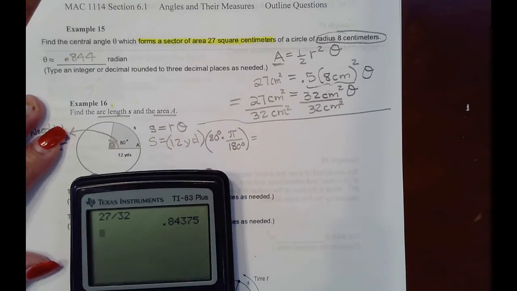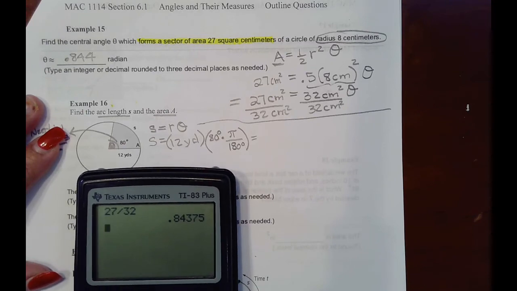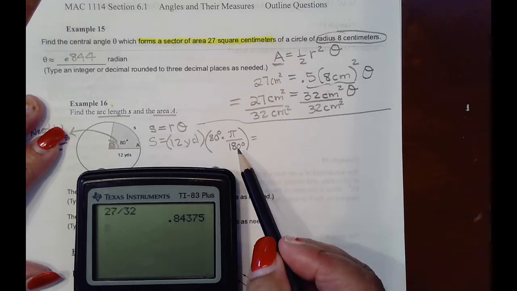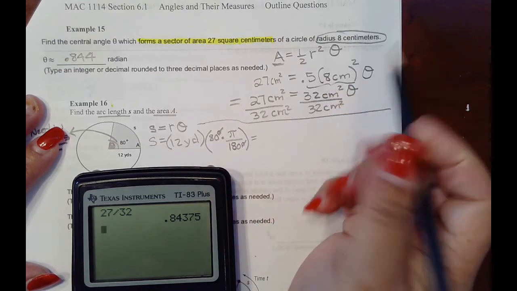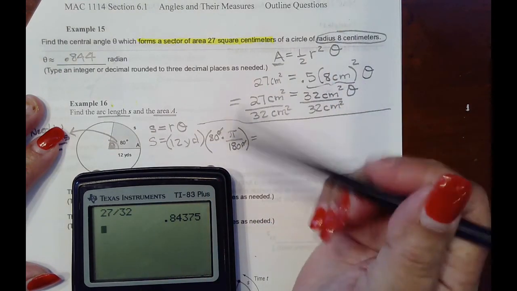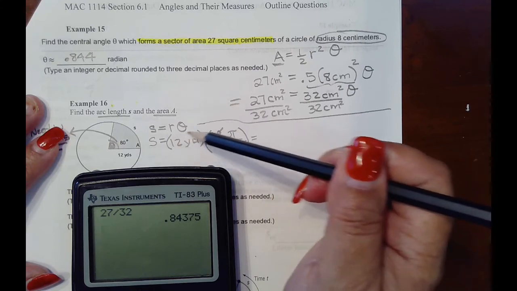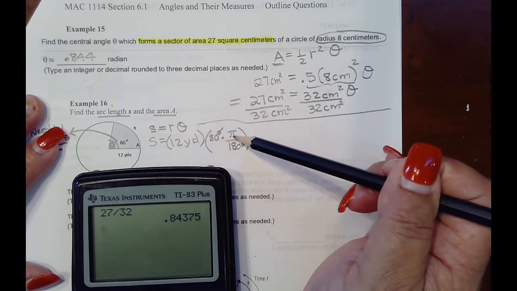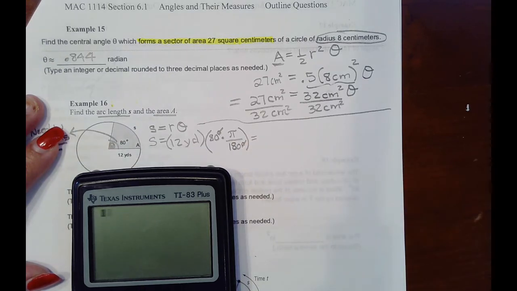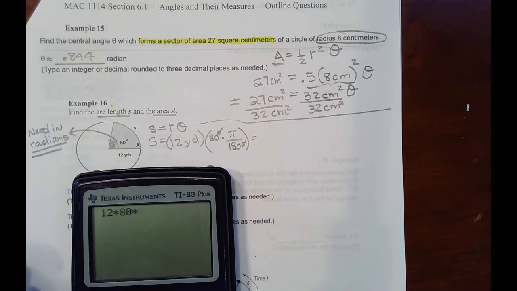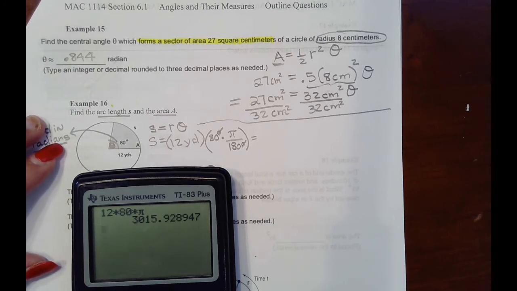Okay, so again, you only have one divisor here, and that's the 180. The degree symbols cancel with each other, so the only unit that you're going to have left in the end is yards. You're going to go 12 times 80 times pi, get that numerator, and then divide by 180. 12 times 80 times second function pi, get that big number, divide it by 180.